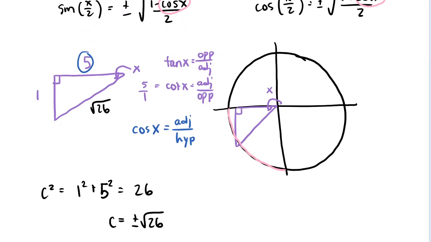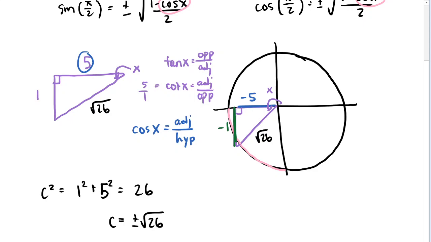So for a moment, if we're going to use this triangle, let's not consider this in terms of the unit circle. Let's think of this as a circle of radius the square root of 26. Then this horizontal position is 5. In the negative direction, that makes it negative 5. And then this vertical coordinate position is 1 in the negative direction. This is negative 1.